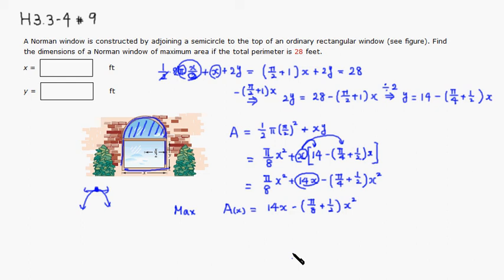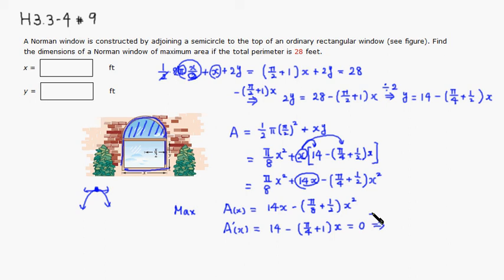So let's find the critical number. Take the derivative with respect to x. You get 14 minus, put 2 in front, so 2 times pi over 8 is pi over 4, and 1/2 times 2 is 1, times x. We set that equal to 0.